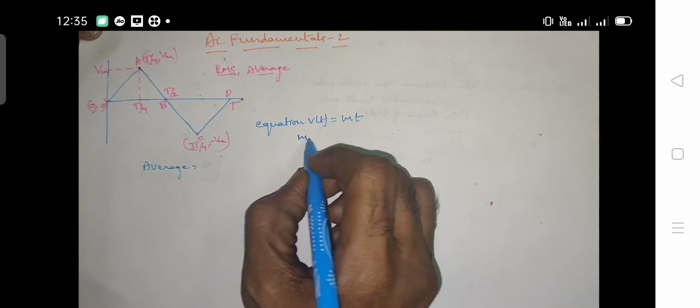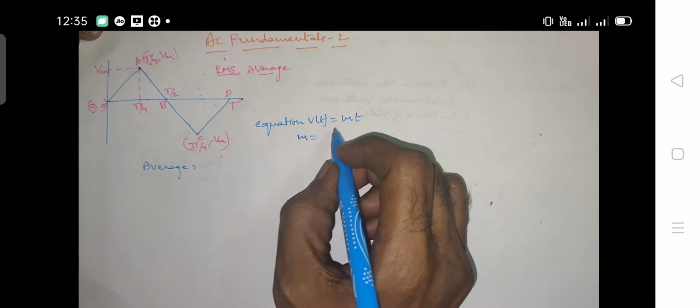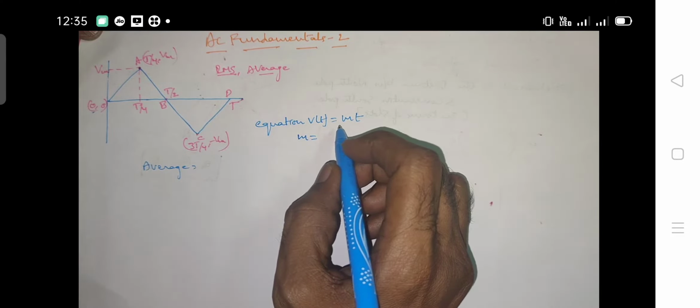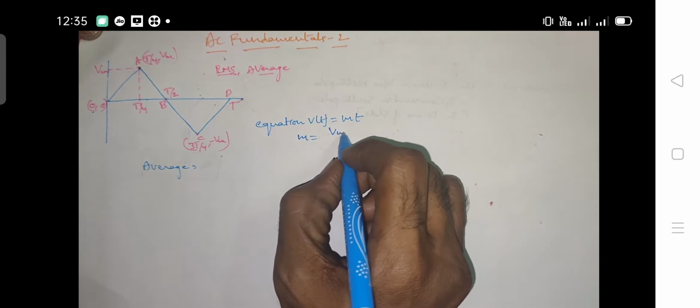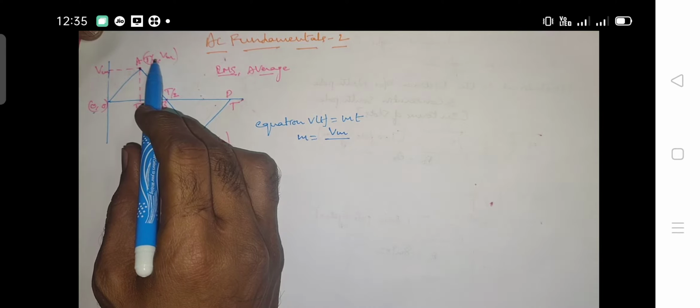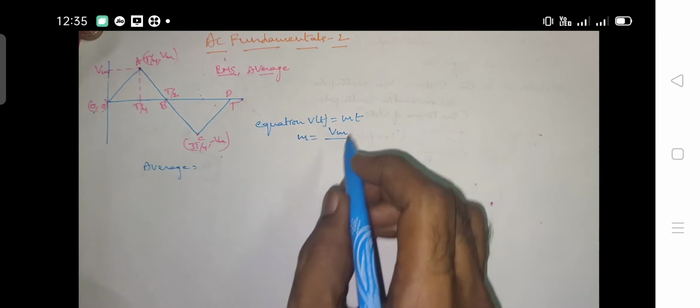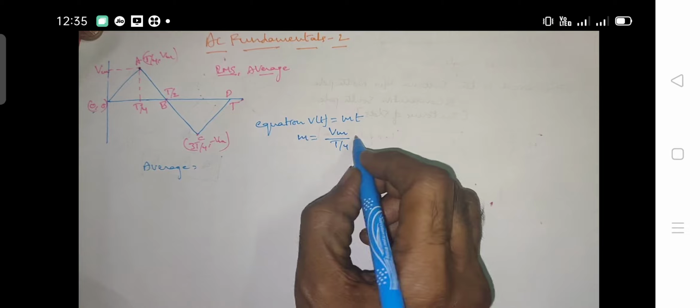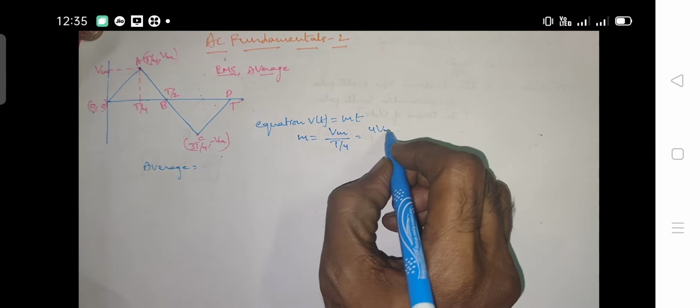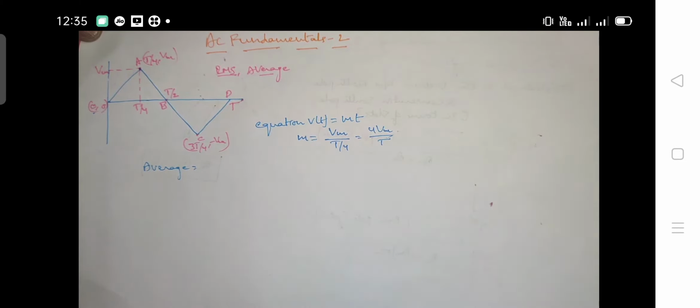Here the 2 points are 0, 0, T by 4 comma Vm, and we know the formula for finding out the slope, the difference of y coordinates divided by the difference of x coordinates. So Vm minus 0 gives Vm divided by the difference of x coordinates, T by 4 minus 0. So this will give us 4 Vm divided by T.